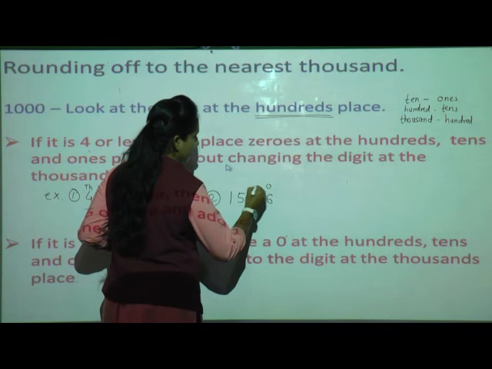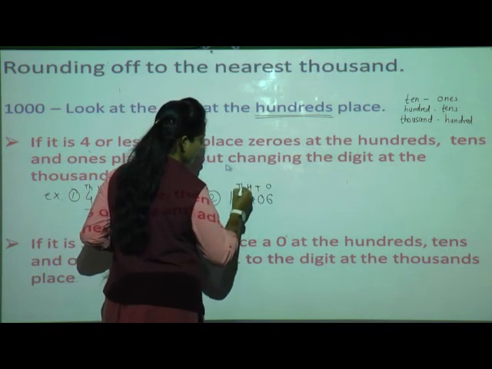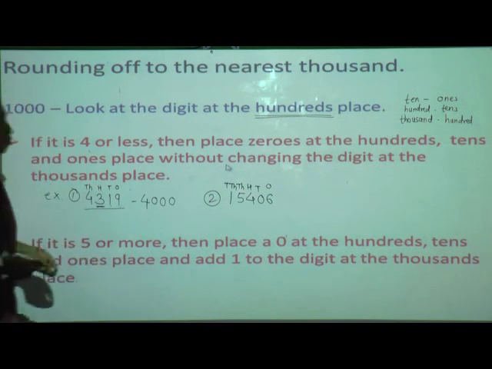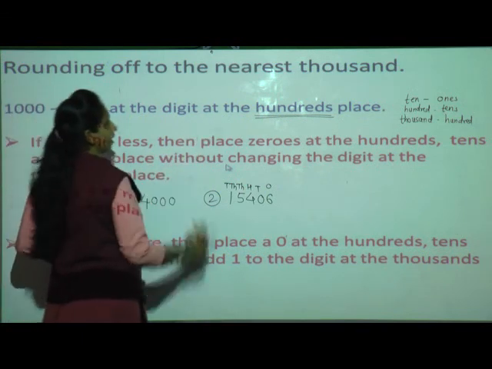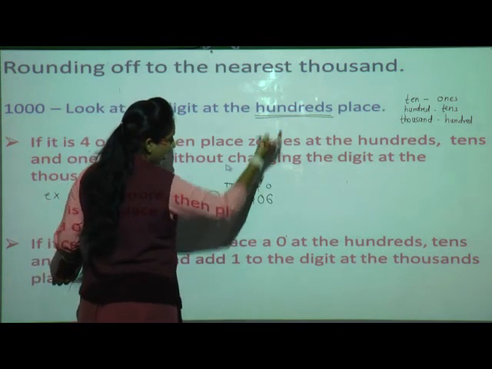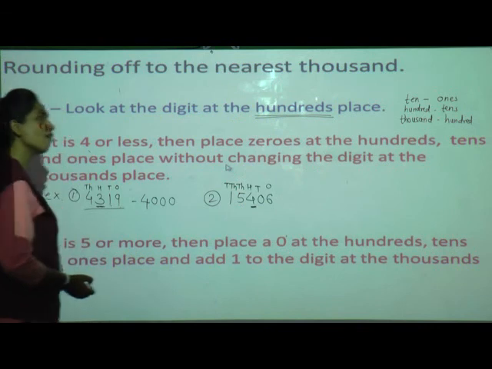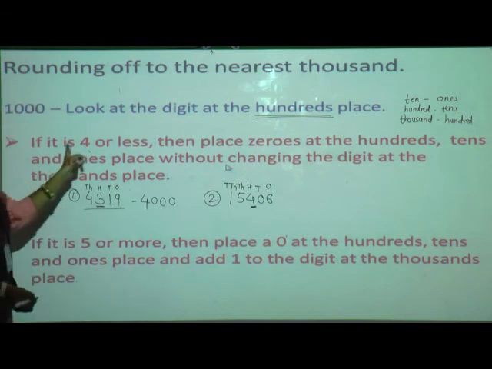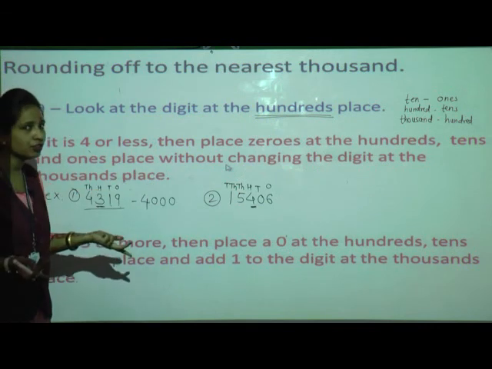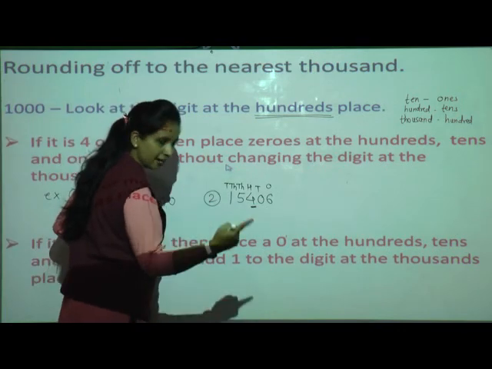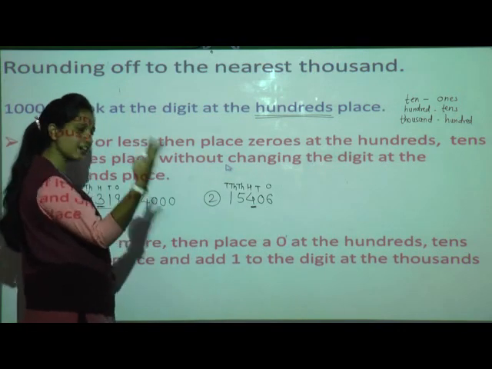First I will give the place values: 1000, 10,000. So whenever they ask for rounding to the nearest 1000, we have to look at the digit at the hundreds place. Now what is there on the hundreds place? 4 is there. If it is 4 or less, what to do? Same, just place the zeros in the hundreds place, tens place and ones place.